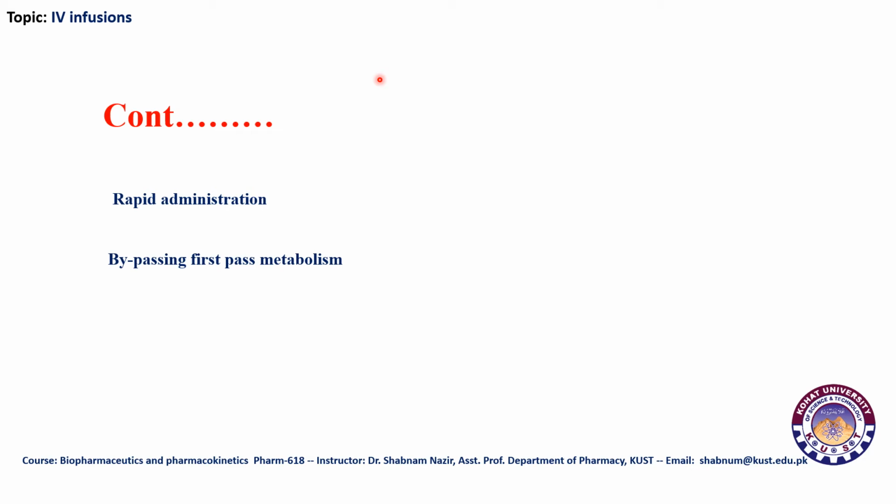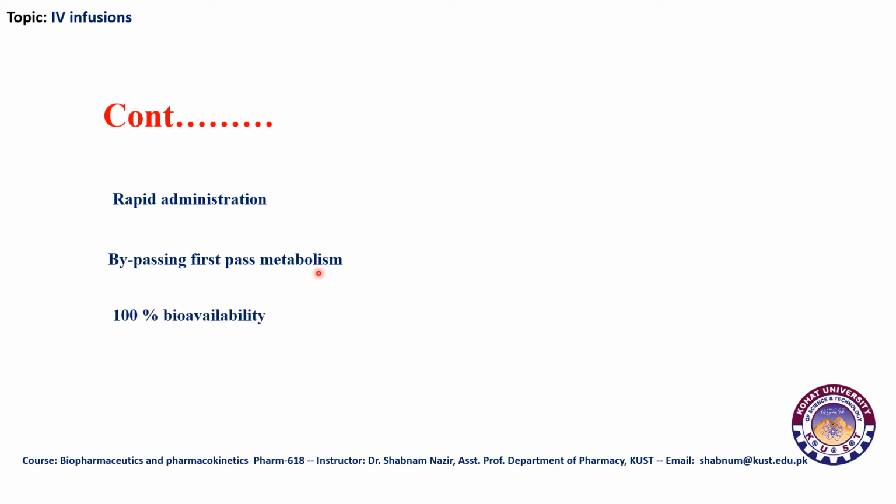Then it helps to bypass the first pass metabolism, as you know. In the case of any intravenous administration, this is a major advantage, especially for drugs which are extensively metabolized in the liver. For them it is a bonus because they bypass first pass metabolism, which helps them reach the desired concentration at the site of action in a much shorter time.